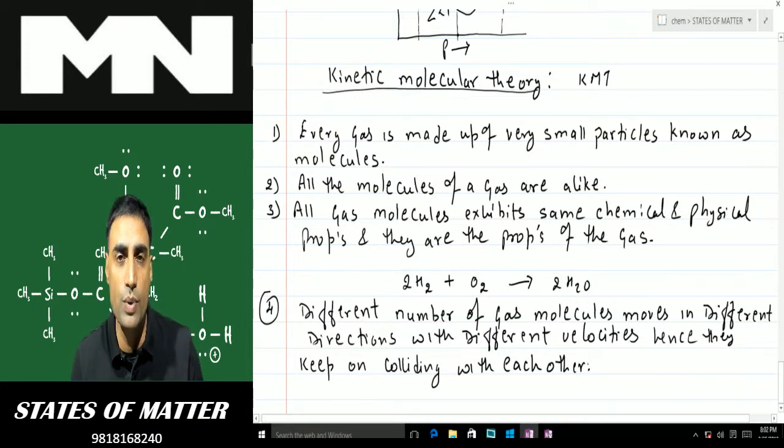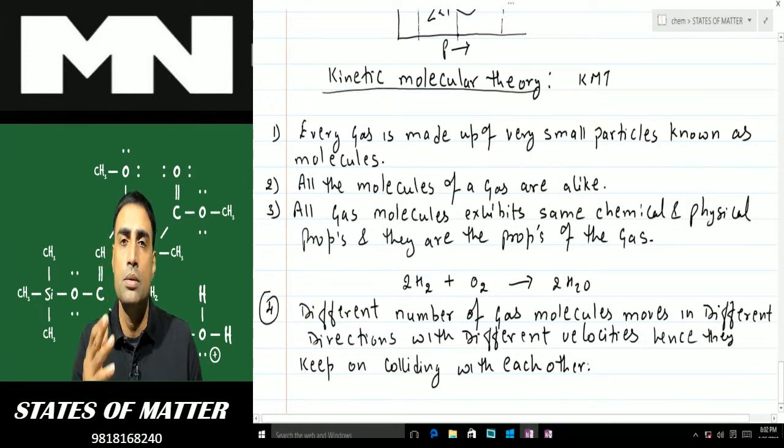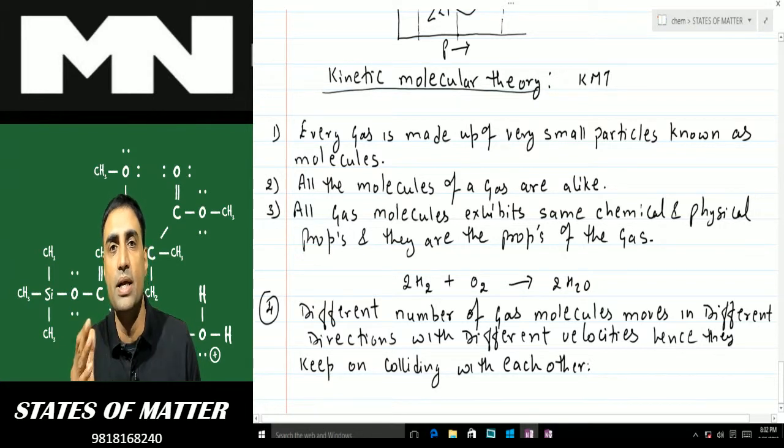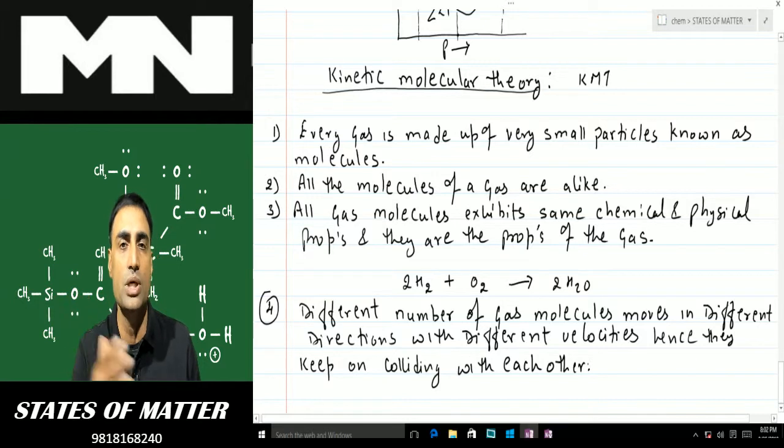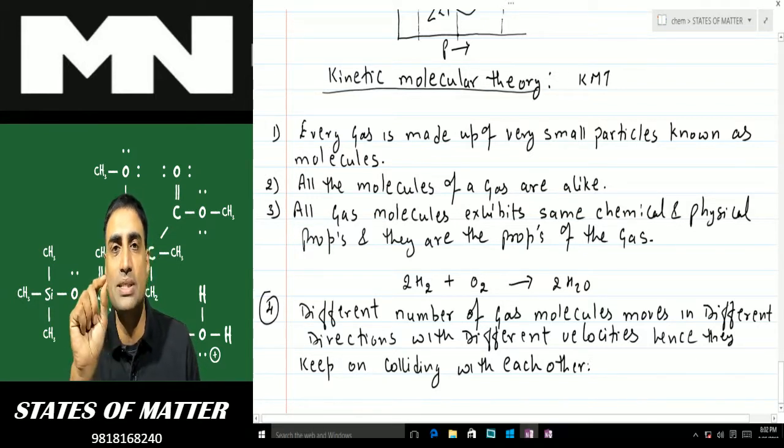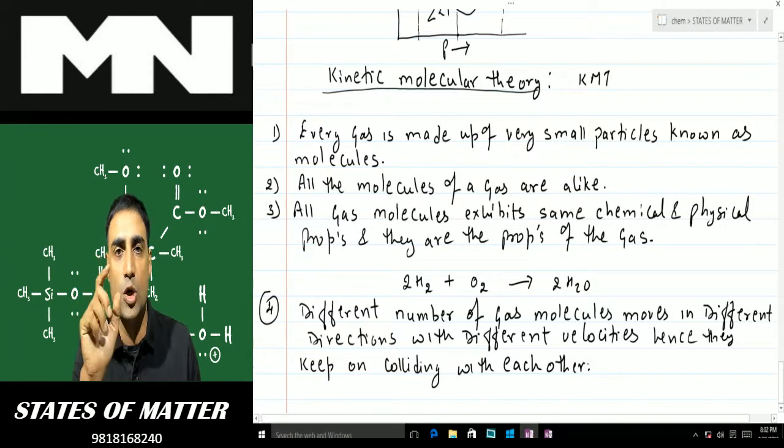Here I would like to add one thing, that the collisions between the gas molecules are perfectly elastic. That means their momentum remains conserved. Their momentum does not decrease on every single collision, because had it been like that, the momentum would have been decreasing and finally become zero. That means the velocity of the gas molecule would become zero, and the gas molecules would come to a still position where they are not moving.